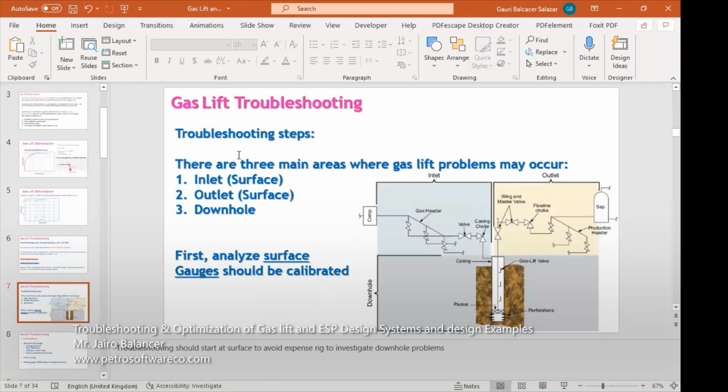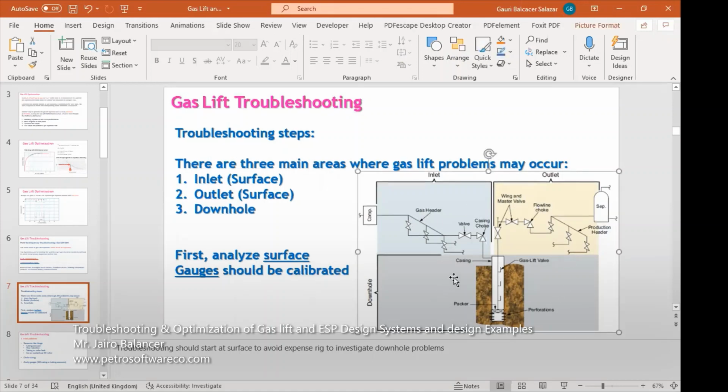Then the troubleshooting steps, there are three main areas. Inlet, which is right here. On this schematic, we have the downhole, the compressor, and the outlet.